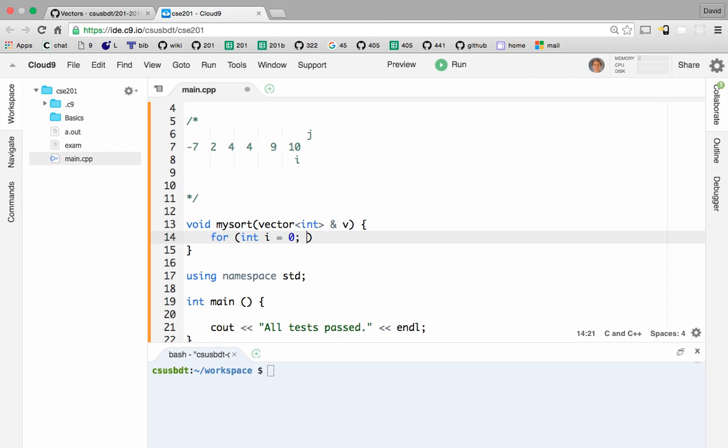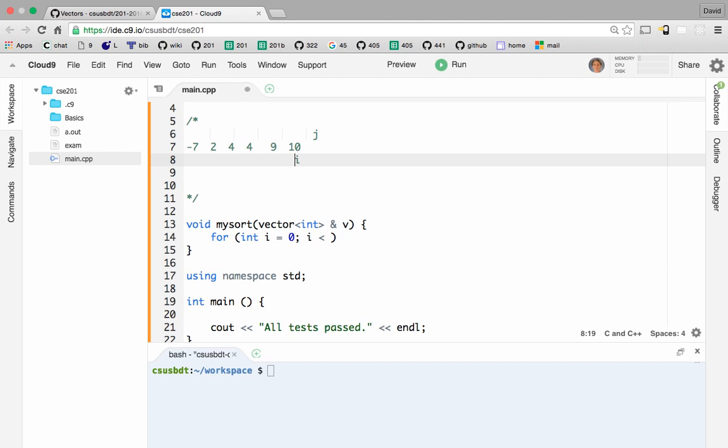We started i at position 0, and we continued with i until i hit size minus 1.